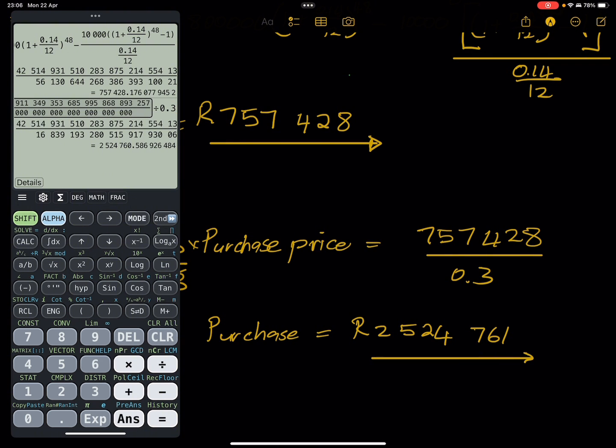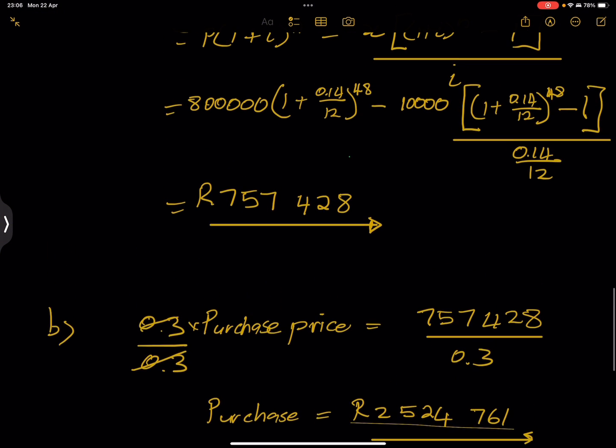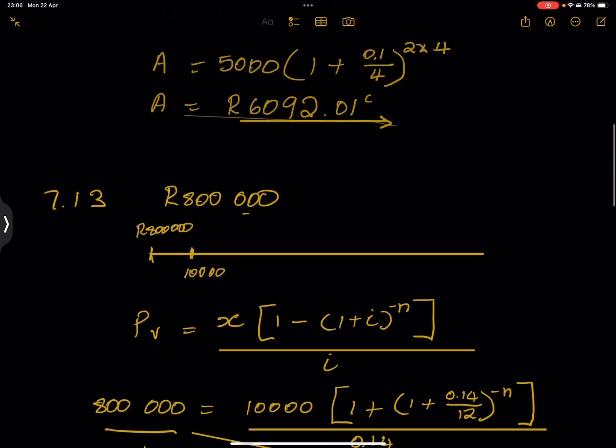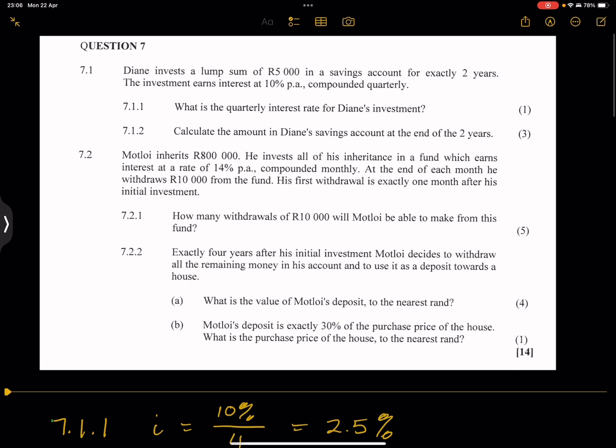And so that is how we will get the purchase price of the actual property that he wants to purchase. All right, so that is how the cookie crumbles. I hope that you got it in terms of finance. Right, let's move on to the next question.